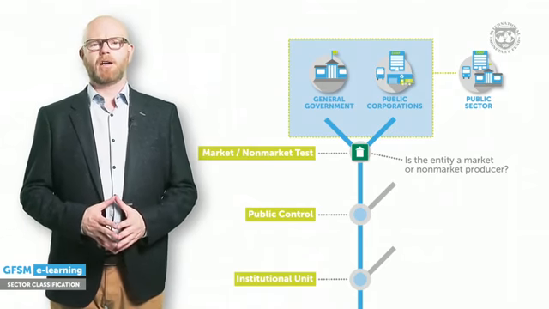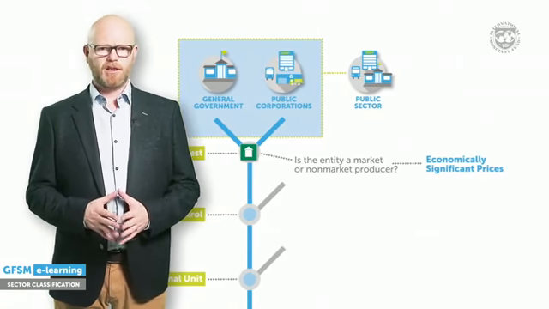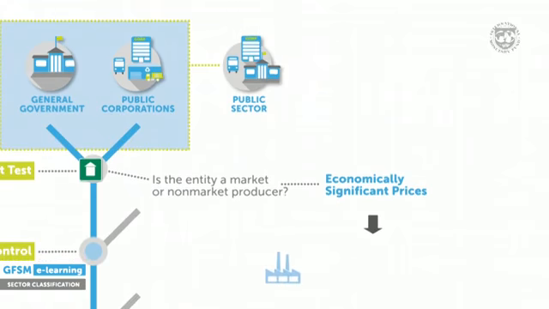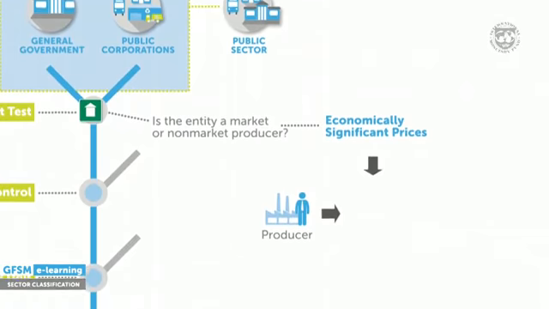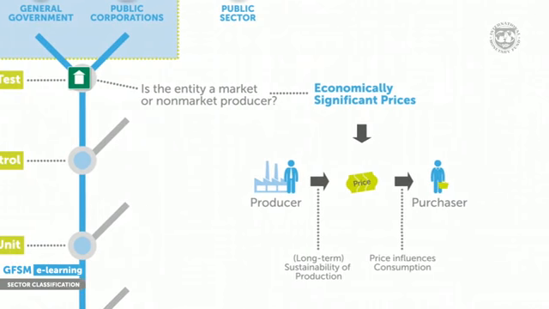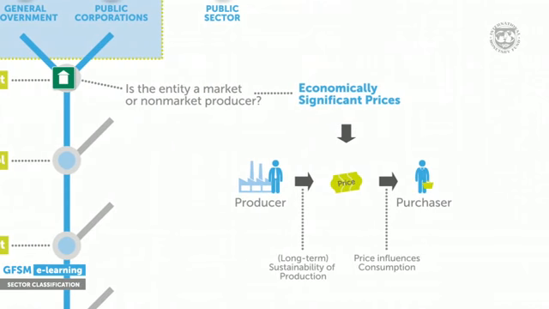A central feature of market production is the prices charged for goods and services sold are considered economically significant. This means that at minimum, producers will set and adjust prices at a level that will allow them to sustain themselves over the long run. Purchasers of these goods and services may change their consumption decisions on the basis of the price.